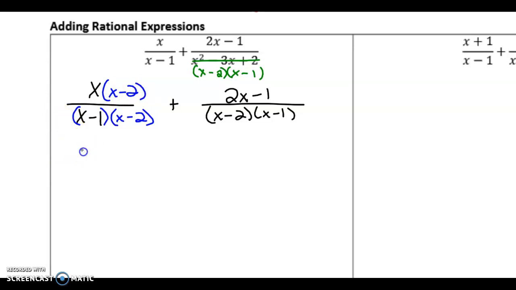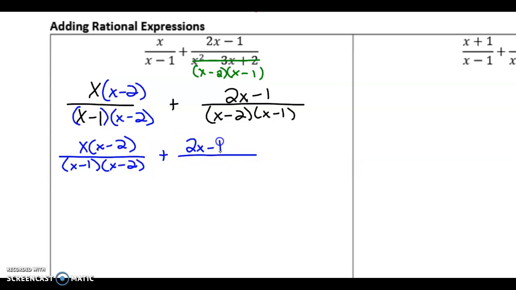So if we rewrite this, it's going to be x times x minus 2 all over x minus 1 times x minus 2. And it seems like you should want to cross off these x minus 2's, but if we did that, that'd just be what we started with. So we don't want to do that yet at this point anyway.